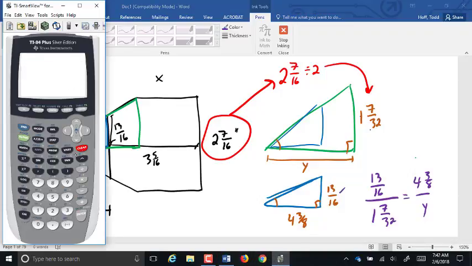So I gotta do a little fancy calculator work here. 1 and 7/32 times 4 and 3/8 divided by 13/16 gives us 8 and 1/16.